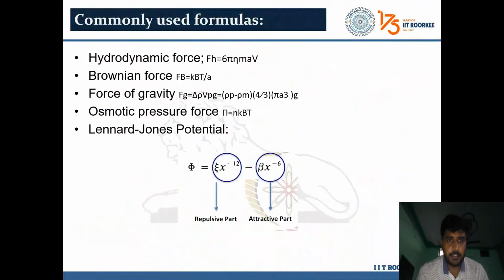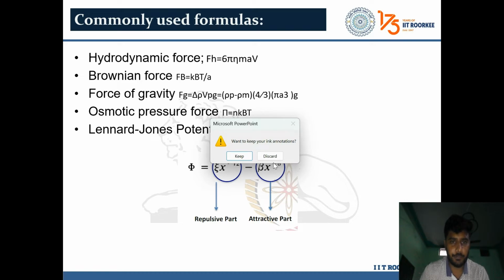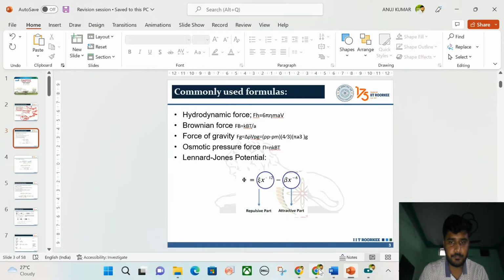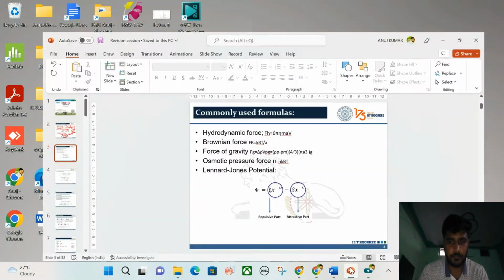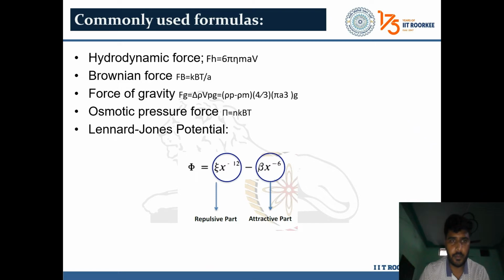And the next used formulas. Okay, these are the different types of forces. First one is the hydrodynamic force, F_h, denoted by 6 pi eta a v, where v is the velocity and a is the radius of the particle.